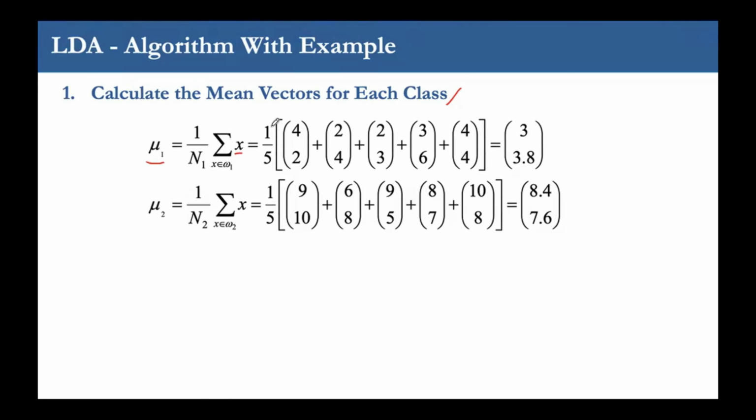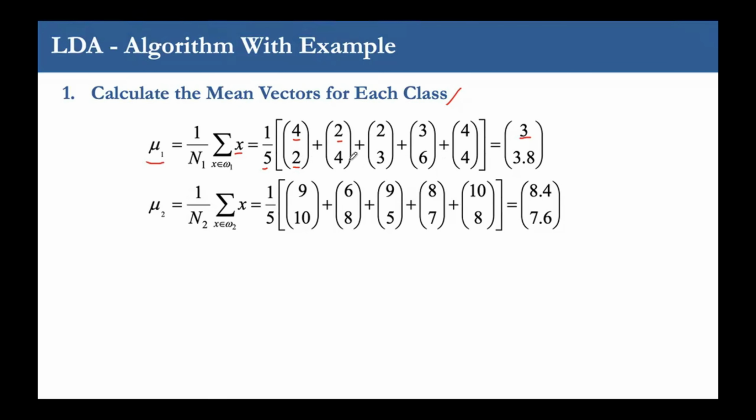Here we have 5 data points in class 1, so it is 1 by 5. The first data point is 4, 2, plus 2, 4, and so on. To find the mean of the first feature, it is 4 plus 2 plus 2 plus 3 plus 4 divided by 5. It is 15 by 5 which gives you 3. Similarly, we need to find the mean for the second feature.